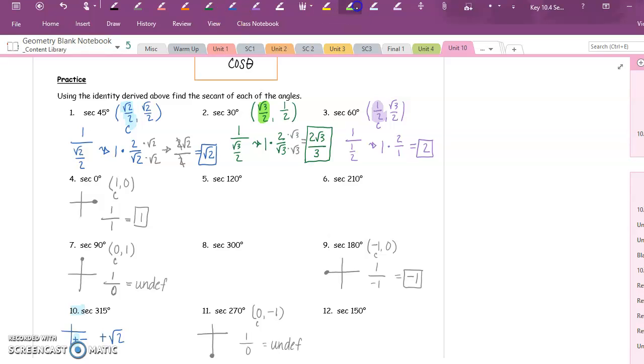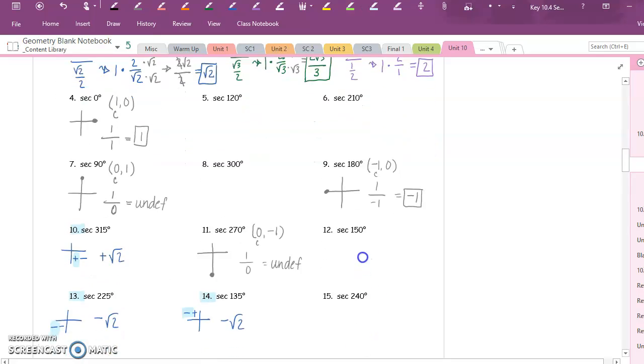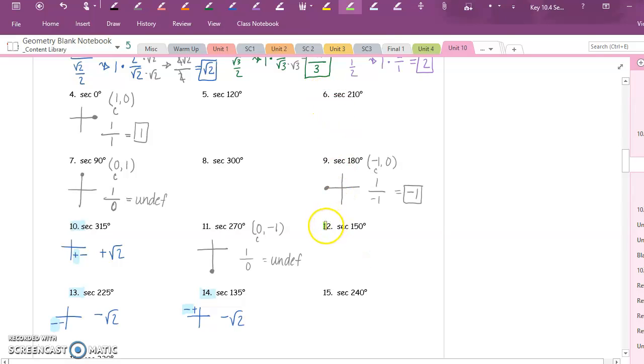So let's go through all of the 30 degrees as our reference angles. So 30 degrees, it's closest to the x-axis. So that'd be 150, 210, and 330. Where is 330?